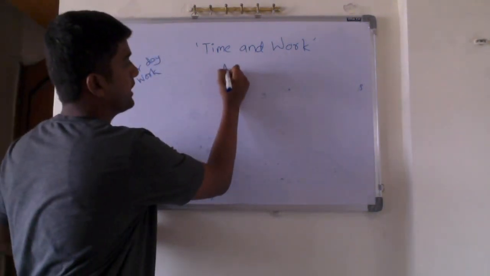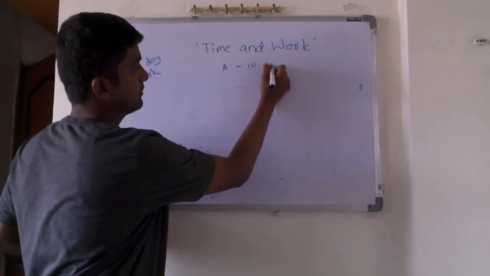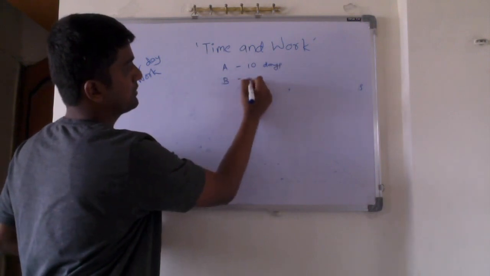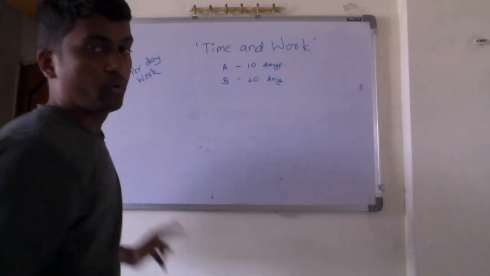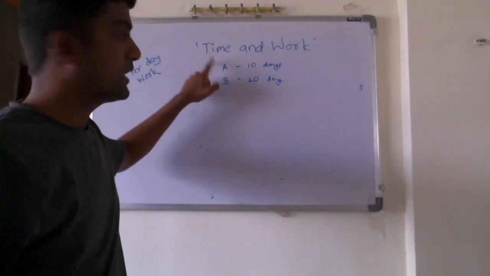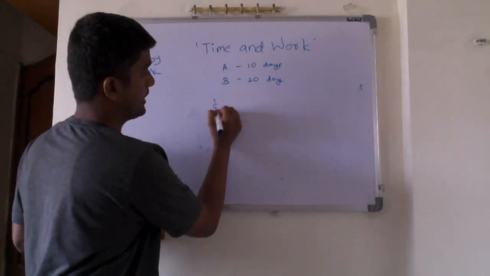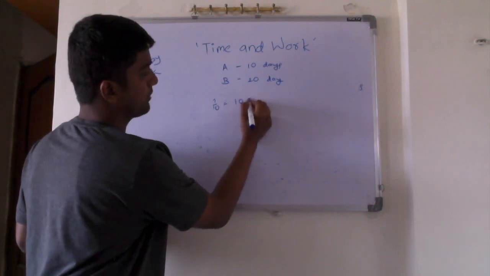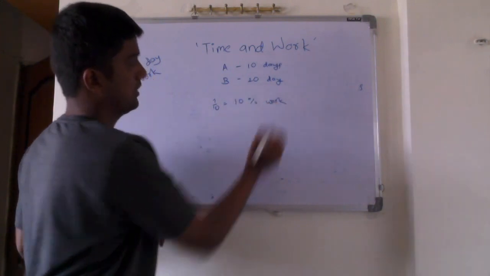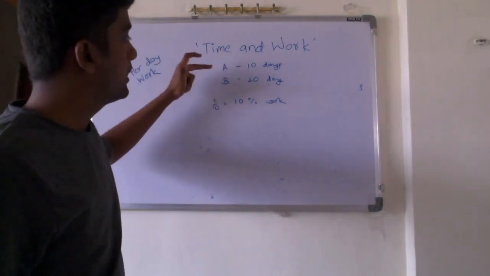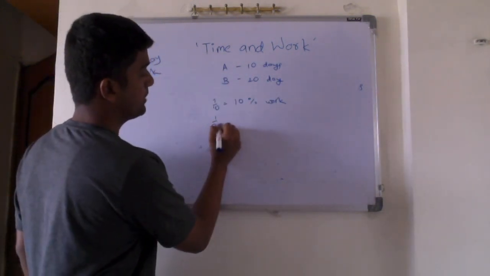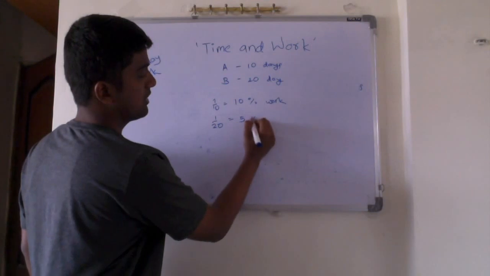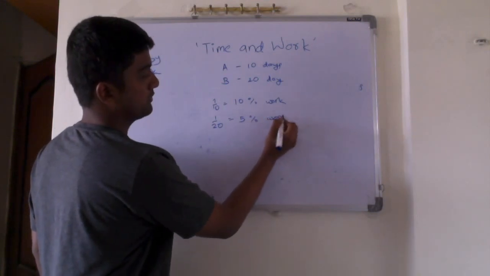For example, A completes a work in 10 days, B completes a work in 20 days. So in one day, what amount of work would A complete? It's 1 by 10, or 10% work. And B completes a work in 20 days, so in one day B would be completing 1 by 20, which is 5% work.